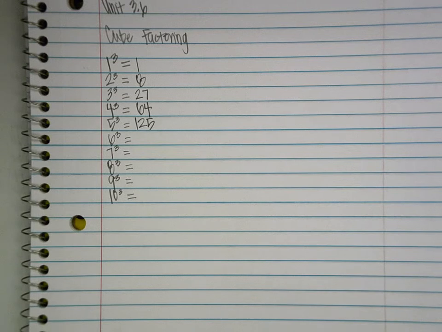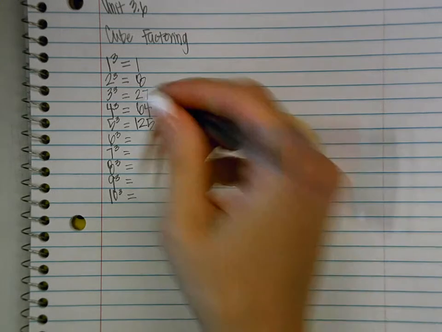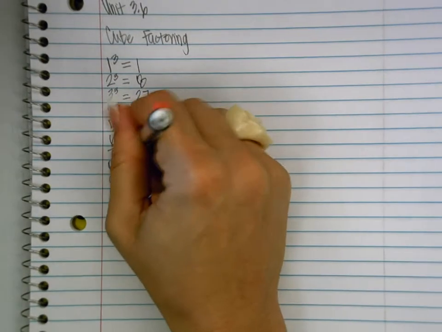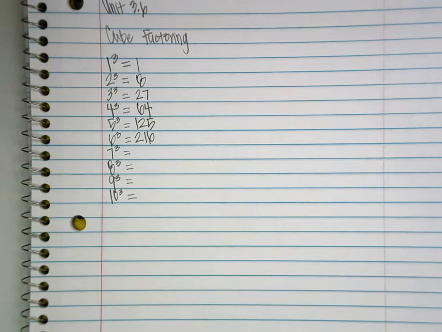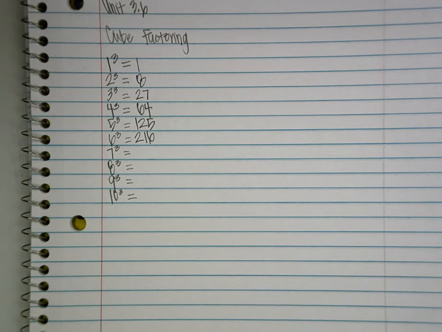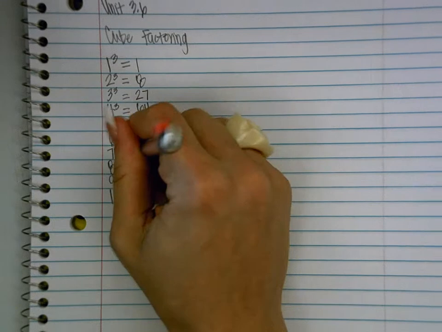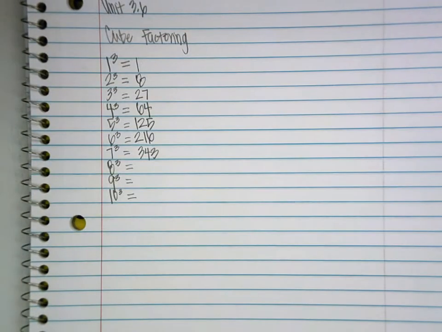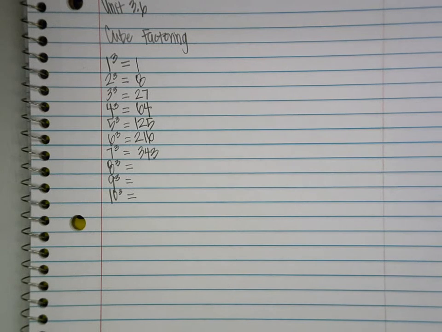125. Thanks. 6 cubed. Jacob. 216. 7 cubed. Tyler. 343. 8 cubed. David. 512. 8 cubed, 512.